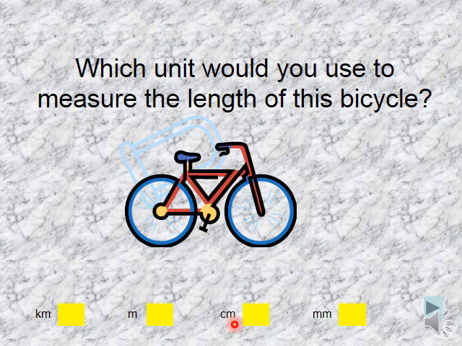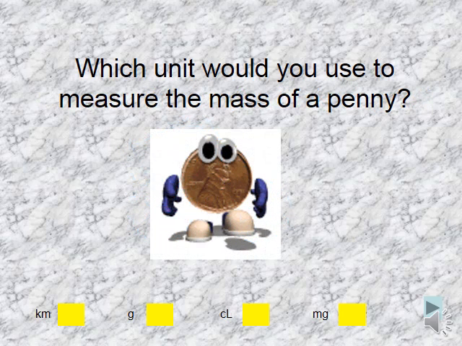Centimeter? That's 100th of a meter. In other words, if you take 1 meter and break it up into 100 parts, it'd be one of those parts. Would I use centimeters to measure this bicycle? Or millimeters? 1,000th of a meter. Just think it in your mind. Which would you use to measure the bicycle?